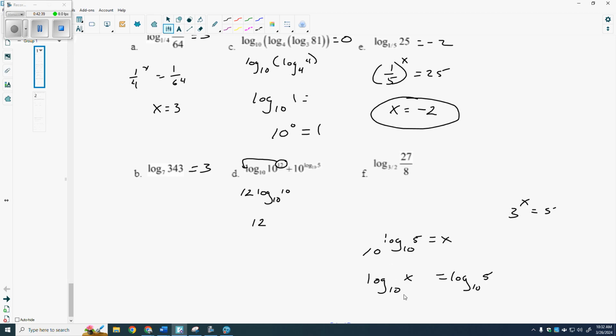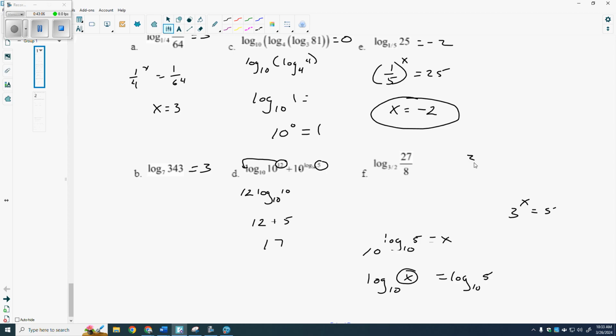Just double check. 10 raised to this mess equals x. 10 raised to this, yep, we got it. So what is x? Log base 10 of x has to be the log base 10 of 5. Well, x must be 5. So if these are the same, 10, 10, then the answer is just that there. Add them together, we get 17.